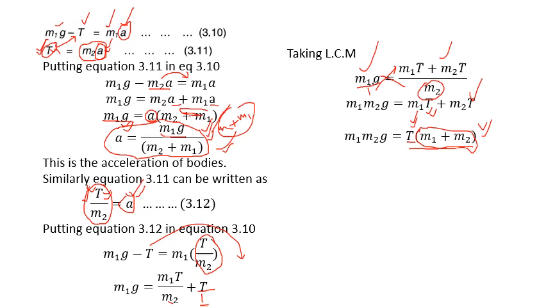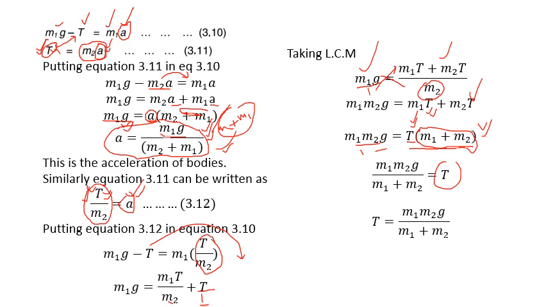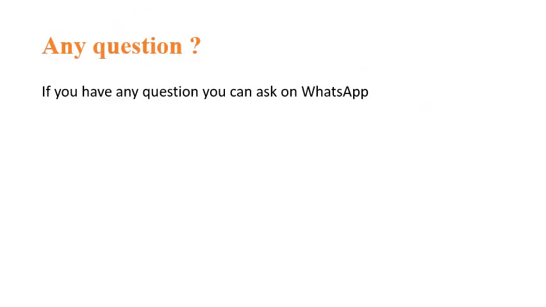Since this is in multiplication with T, we have to divide both sides by m1 plus m2. So m1m2g divided by m1 plus m2 will come out to be the tension in the string. Or you can write it like this.